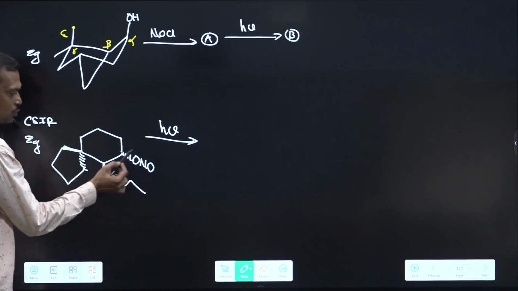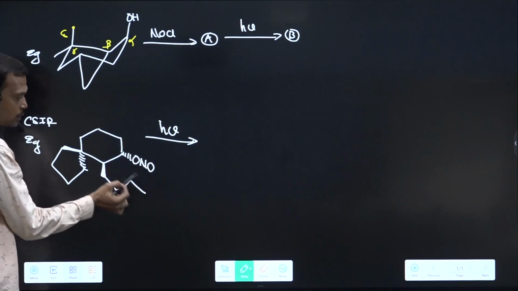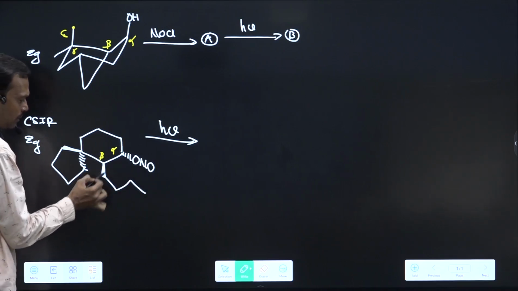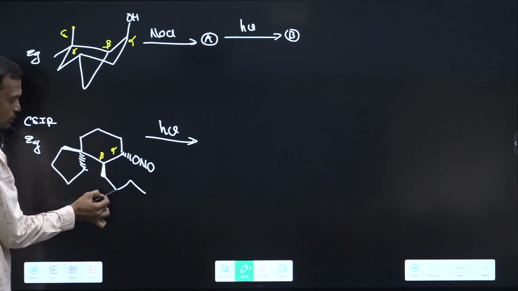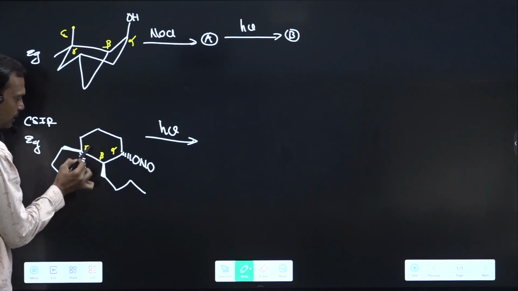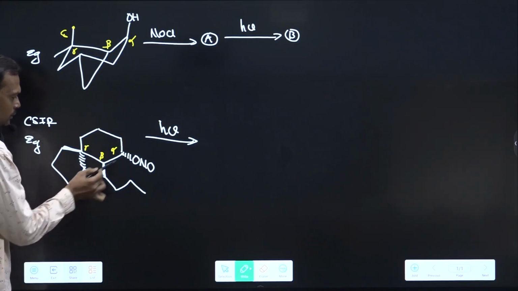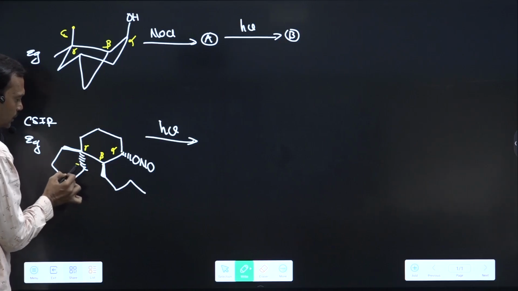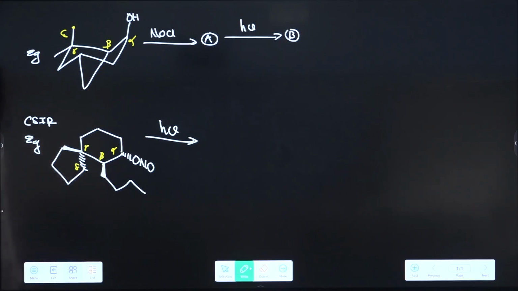So this is cis to each other, below. It is below alpha, beta, but this is above, so this can't be used. So see, this is gamma, alpha, beta, gamma, and this is delta.